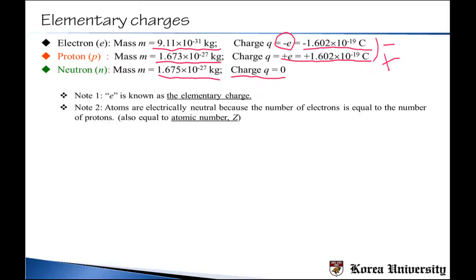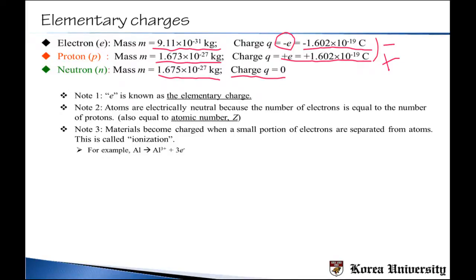And in fact, atoms are electrically neutral, even though they contain many electrons and protons, because the number of electrons is equal to the number of protons. And in fact, the number of electrons for any atom is equal to the atomic number. And materials can become charged when a small portion of electrons are separated from atoms, and this is called ionization.